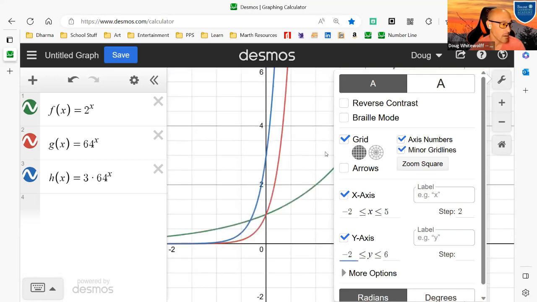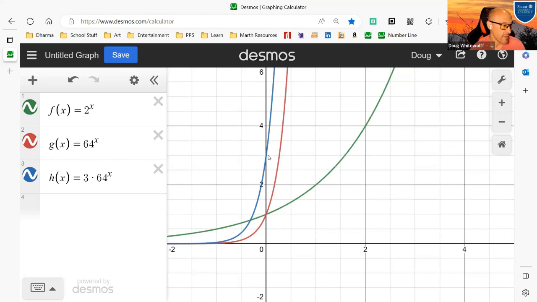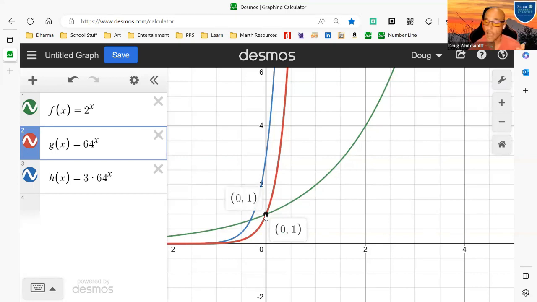So here now we can see that that blue one, where we have 3 times 64 to the x, has a y-intercept of 0, 3. And the red one that doesn't have the a value there, the a value is actually 1, it crosses the y-axis at 0, 1.